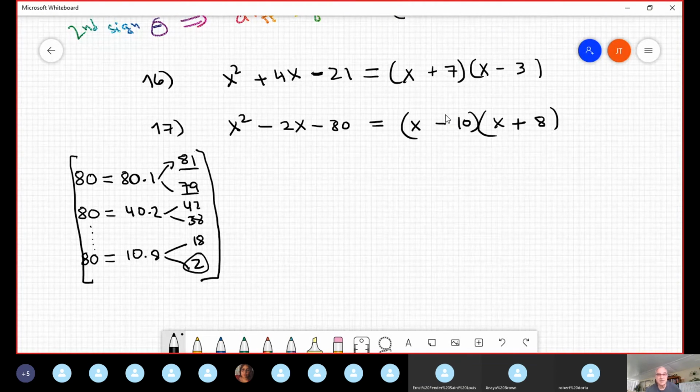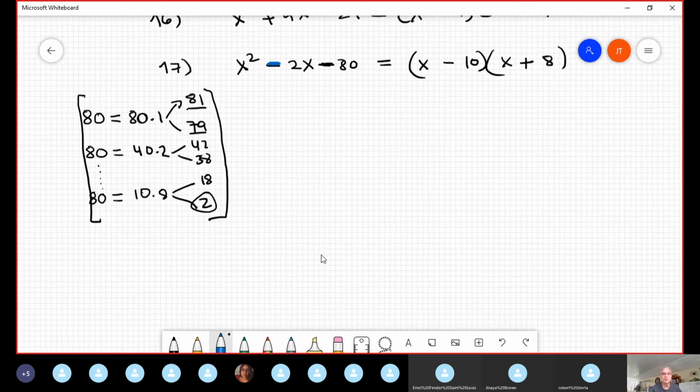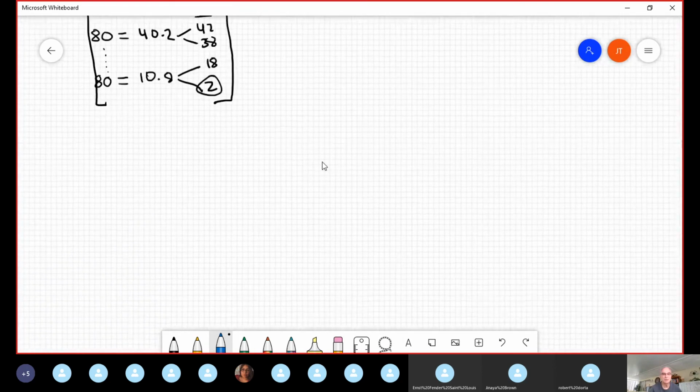Remember, when this sign is negative, we expect different. But the difference is this sign, let me use another color to highlight it. This sign is the sign that you assign to the bigger number, and the bigger is 10. 10 is bigger, and the other is different. Super? No problem? Do you understand the regular trinomial?